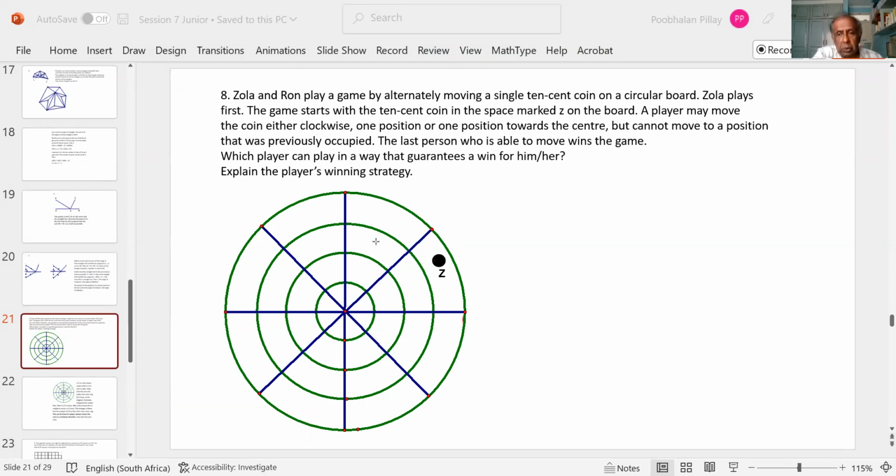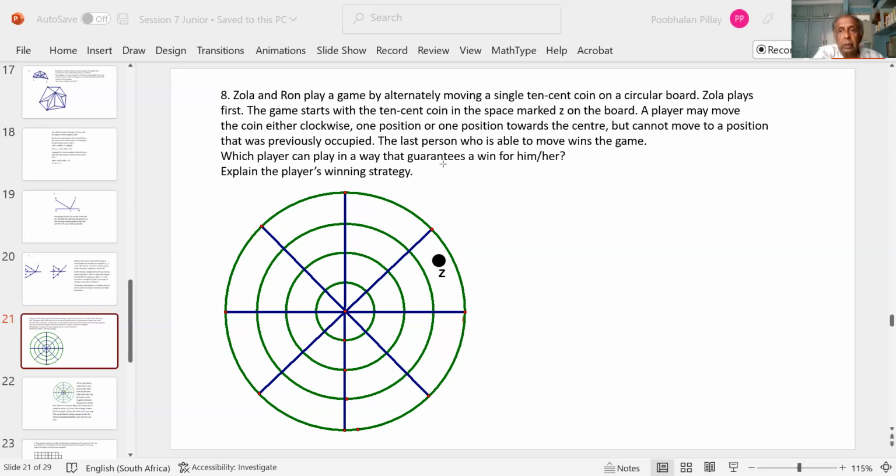So he goes to a new region. These are all regions here. And Zola does the same thing, and they keep going. But the big rule is you're not supposed to go back to a square which has already been occupied before.